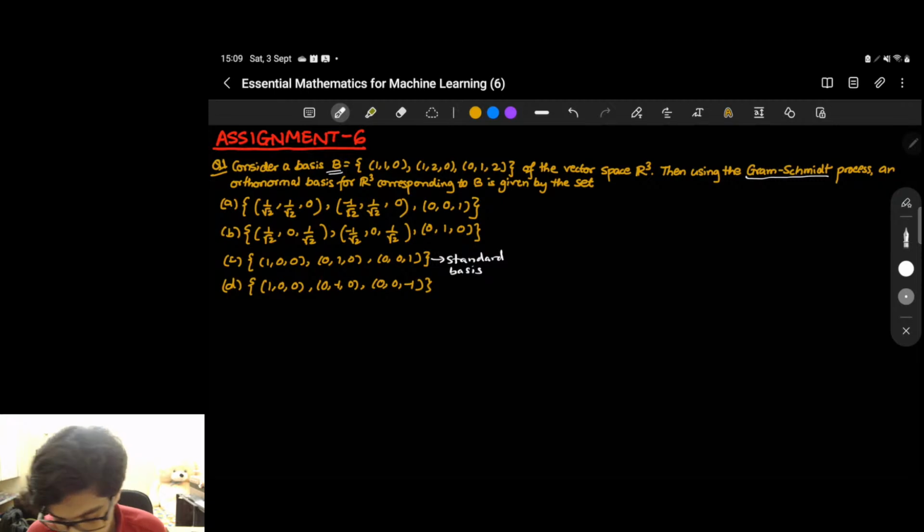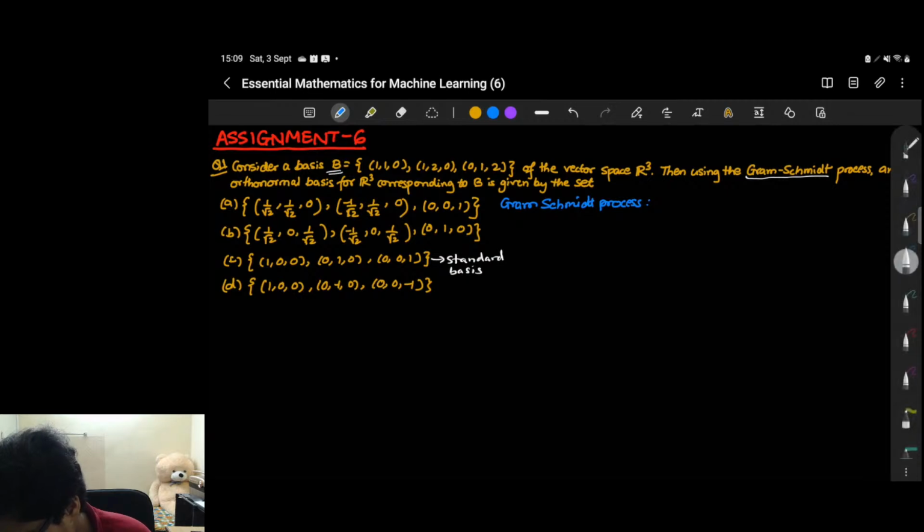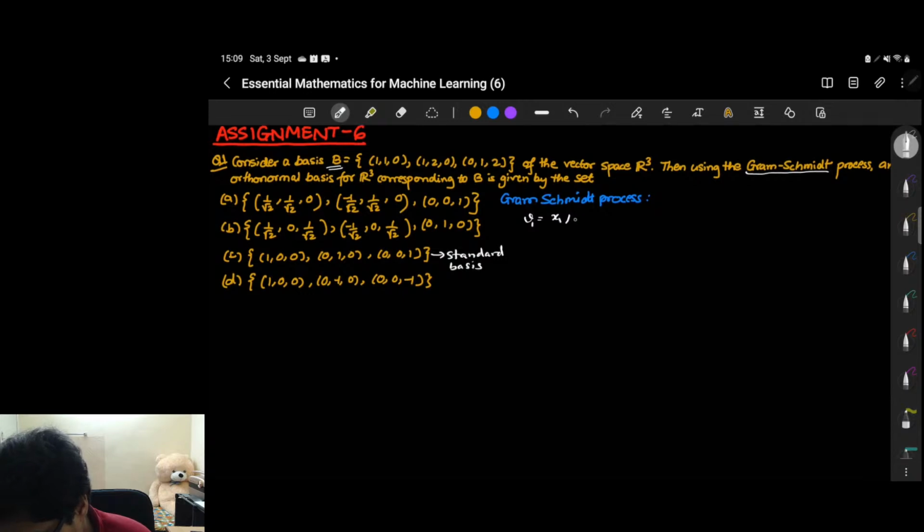Now, let me write down what the Gram-Schmidt process does. So we have the Gram-Schmidt process. What we do is that we take the first vector as it is, and you can normalize it for an orthonormal basis.